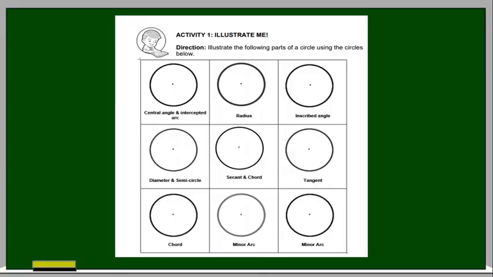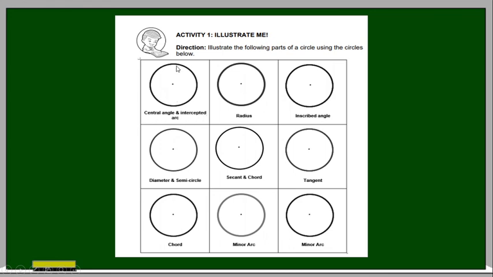Okay, so in your activity sheets in week number 7, you are going to illustrate the following parts of a circle, just like central angle and intercepted arc.